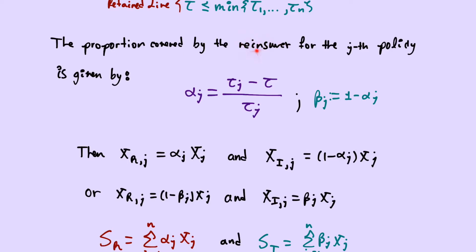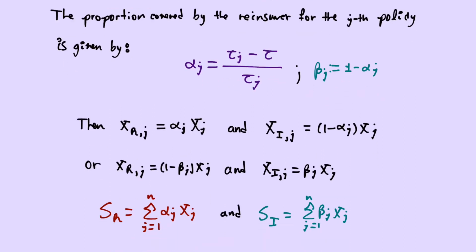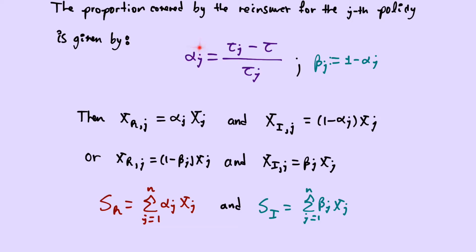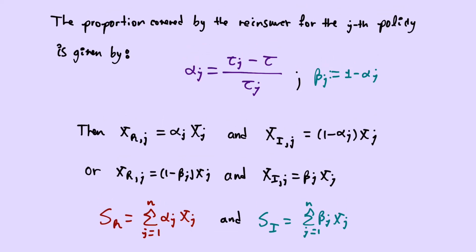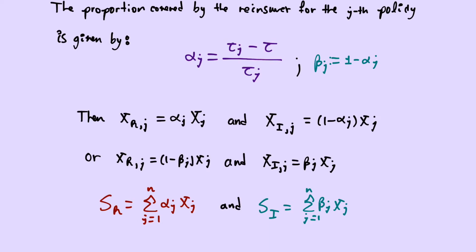So if you want to write it in terms of the proportions that the insurance company will cover, you just take the complement and define another set of numbers, bj's, defined by bj equal to 1 minus alpha j. It is equivalent to use the proportion that the reinsurance company covers or the proportion that the insurance company covers, but that is not important for the computations.